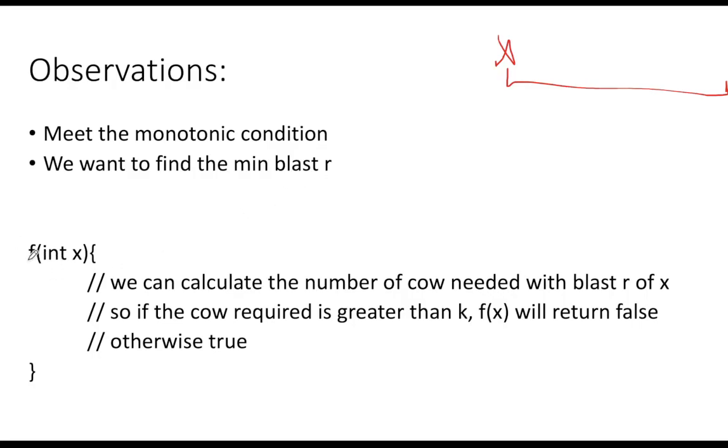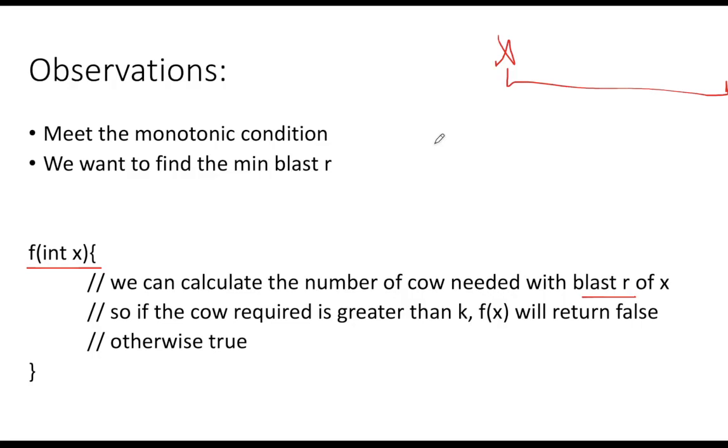So for our function, what we're going to determine is whether we have enough cows to eliminate all the hay bales. So we can calculate the number of cows needed with a blast radius of x.